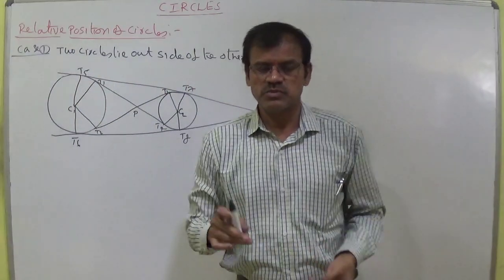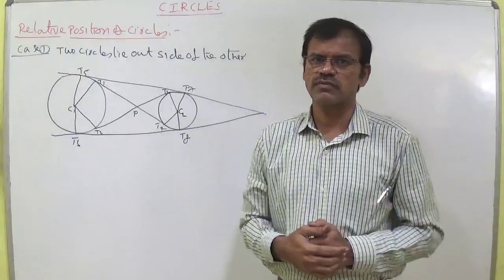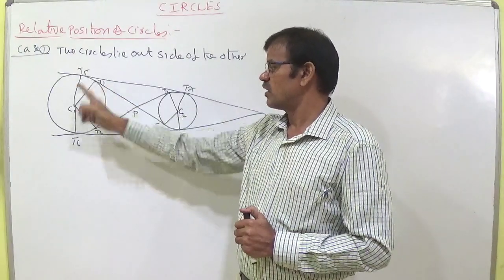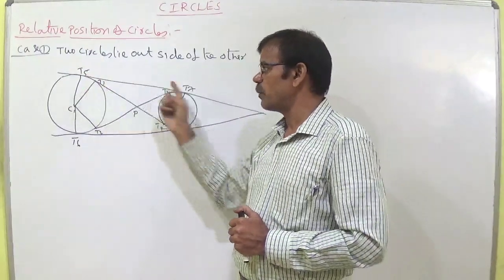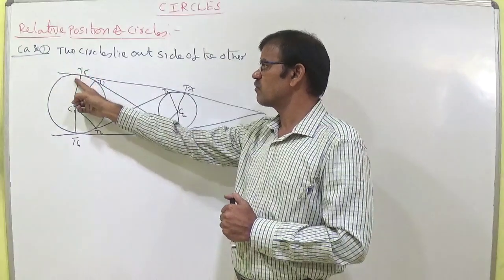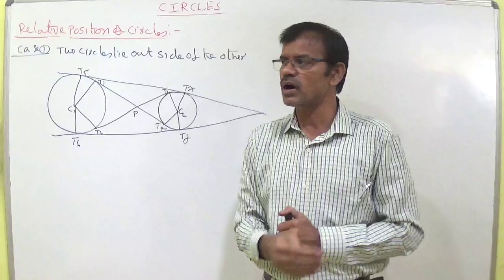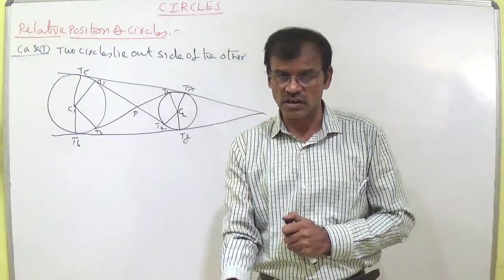Now what did you observe? Total two tangents entirely outside of two circles, two for up and down. So two tangents up and two down give a total of 4 points of contact for the two circles where the tangents are drawn externally.